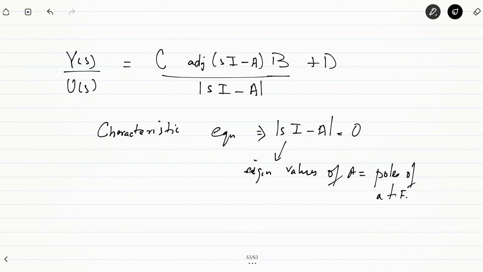Fine. So when we define stability, we say the poles of the transfer function should be negative. We can directly relate it to a state space model and say that the eigenvalues of matrix A should be negative.